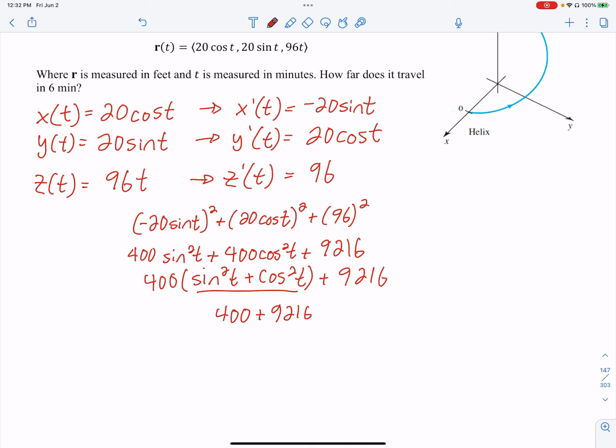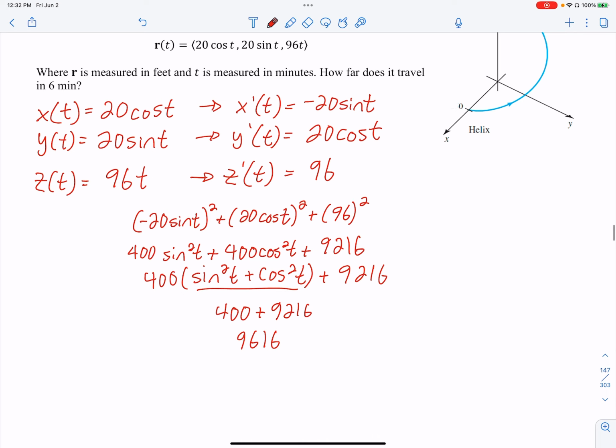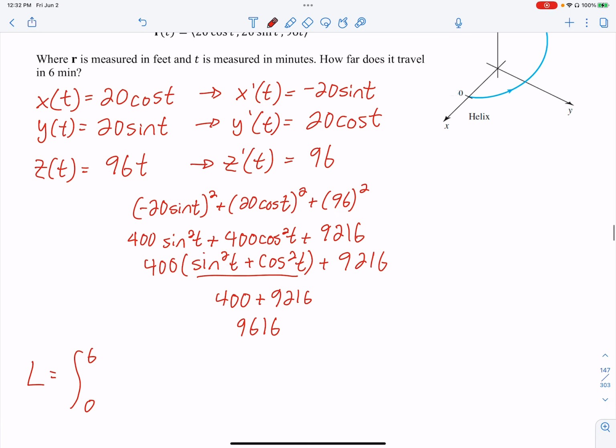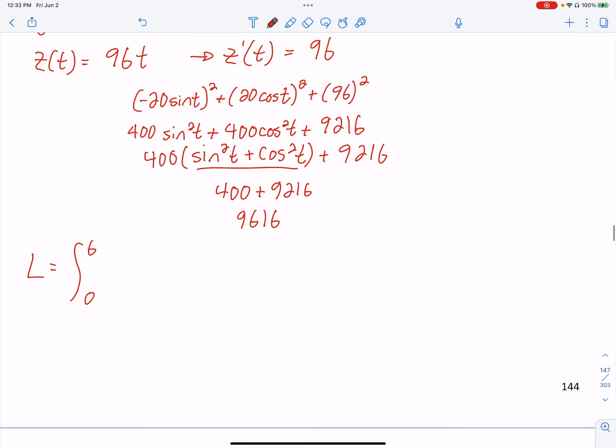I always check to see if it gets me a pretty number. It does not, so I'm going to leave it. It doesn't even break down further, I don't believe. So this is 9616. Now I use the formula for arc length. L is equal to the integral from A to B, that's 0 to 6, so it's 6 minutes, of the square root of 9616, which is a constant.